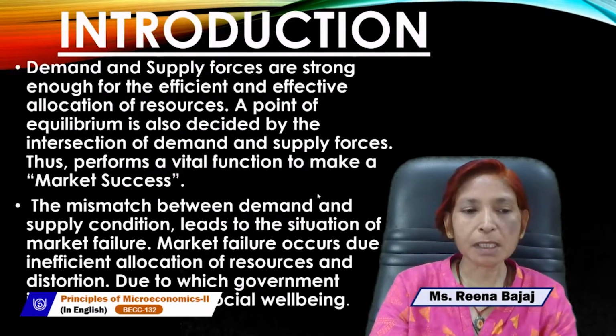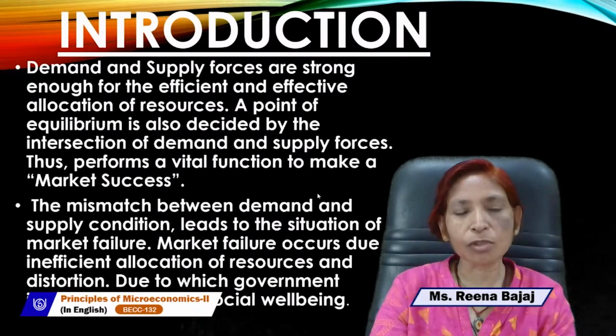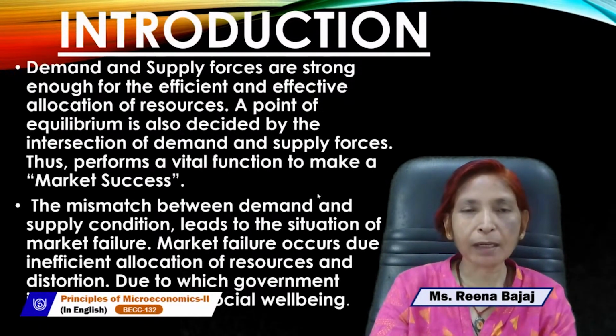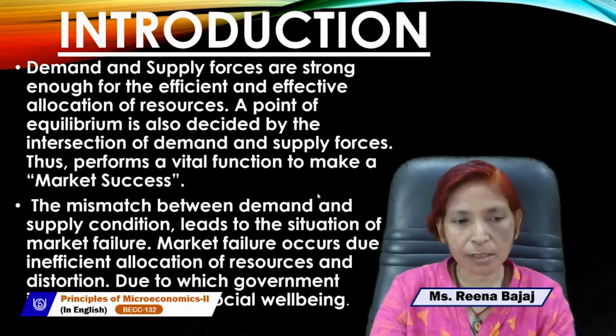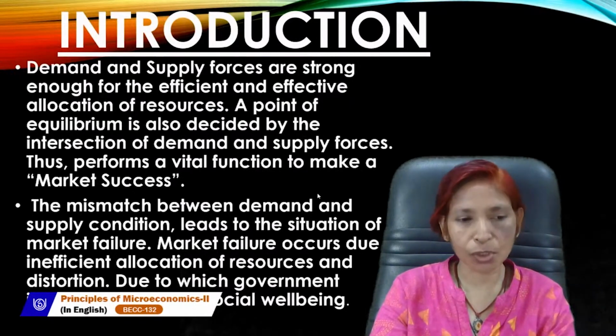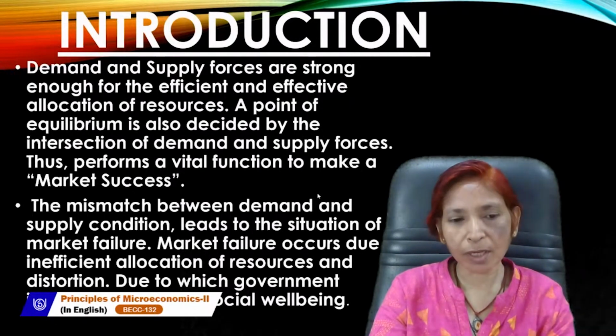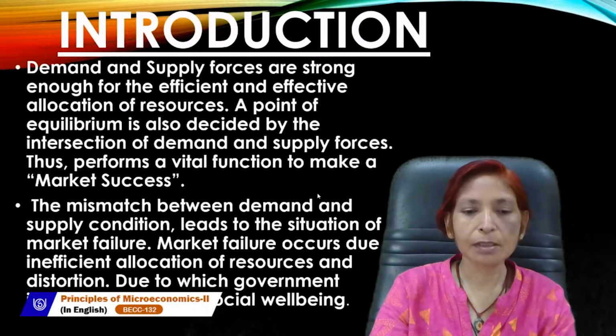If there is a mismatch between demand and supply conditions, it leads to a situation of market failure. Market failure occurs due to inefficient allocation of resources and distortion, due to which government intervention ensures social well-being.